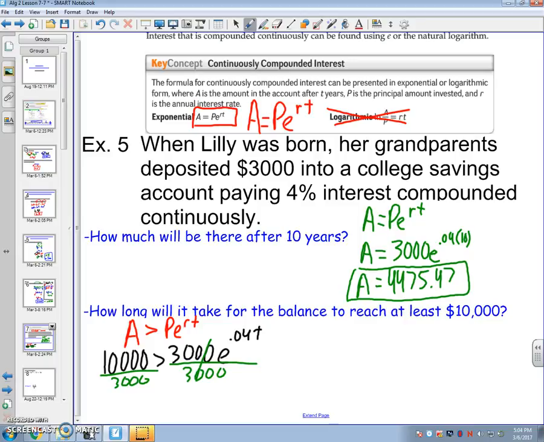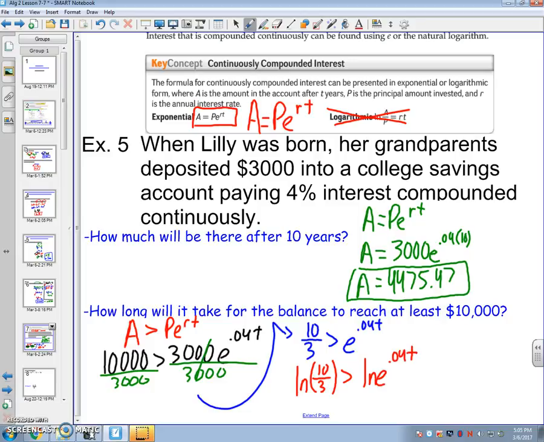All right, if I reduce that, it goes like this: 10 over 3 is greater than e to the 0.04t. I'm going to ln both sides. So ln of 10 over 3 should be greater than ln of e to the 0.04t.